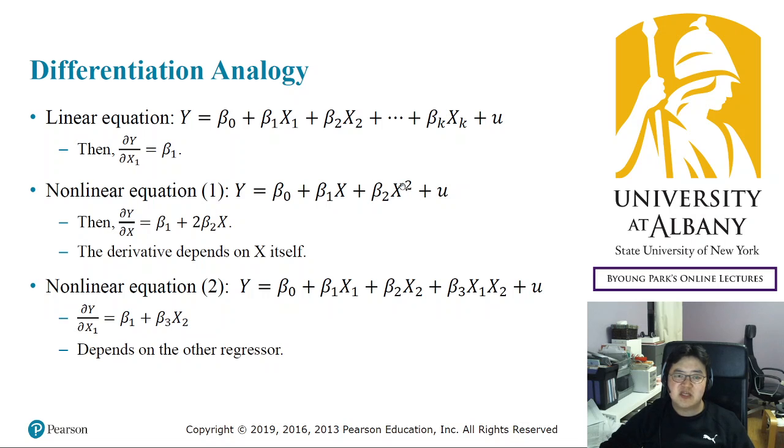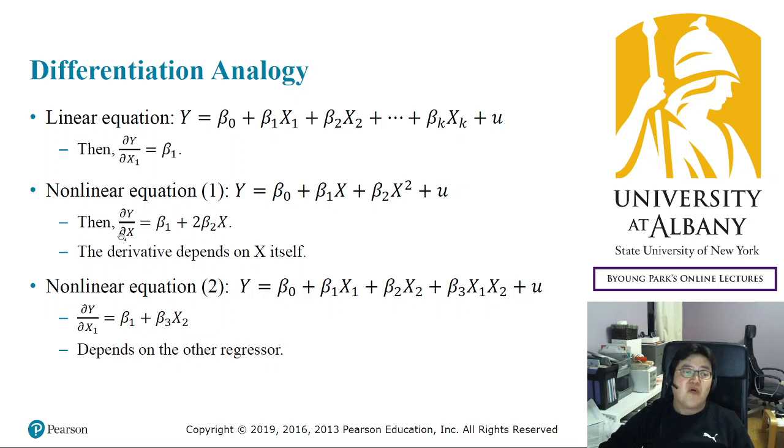The quadratic term, the second order term, its derivative becomes 2 times beta 2 times x. So as a whole, the effect of x on y equals beta 1, which is the linear term, plus 2 beta 2 x. What is special here is that the effect, the derivative, depends on x itself.